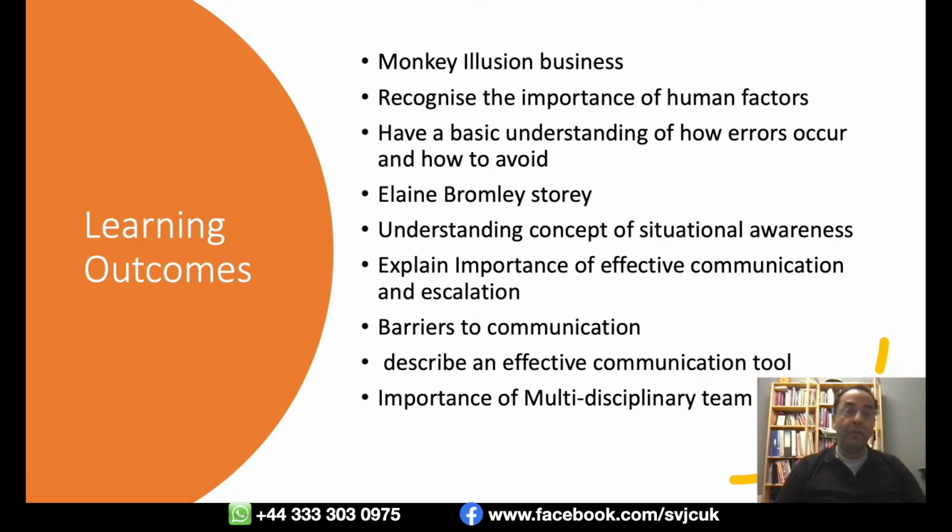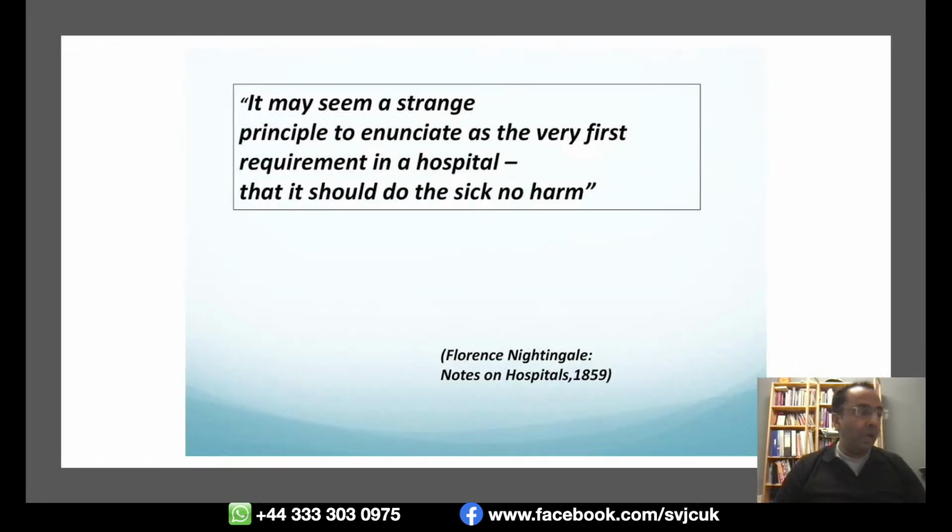You probably could understand the concept of situational awareness, importance of effective communication and escalation, barriers to communication, describe an effective communication tool, and importance of multidisciplinary team. You have heard the Latin phrase primum non nocere. That means first do no harm, and this was established by Florence Nightingale and mentioned in 1959 in the Notes on Hospitals.